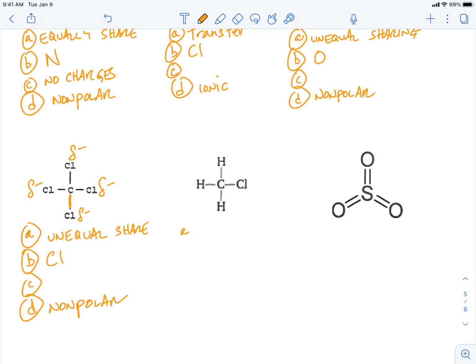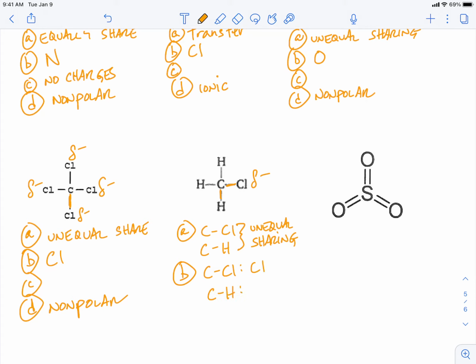Our next one, we've got two different types of bonds. We have the carbon-hydrogen and the carbon-chlorine bonds. We can put a partial negative on our chlorine, just like we talked about in the other one. Between the carbon and chlorine and the carbon and hydrogen, these are both unequally sharing electrons. They're all nonmetals, so they're sharing the electrons, but they're not sharing them equally. Between the carbon and the chlorine bond, the chlorine has the greater electronegativity.